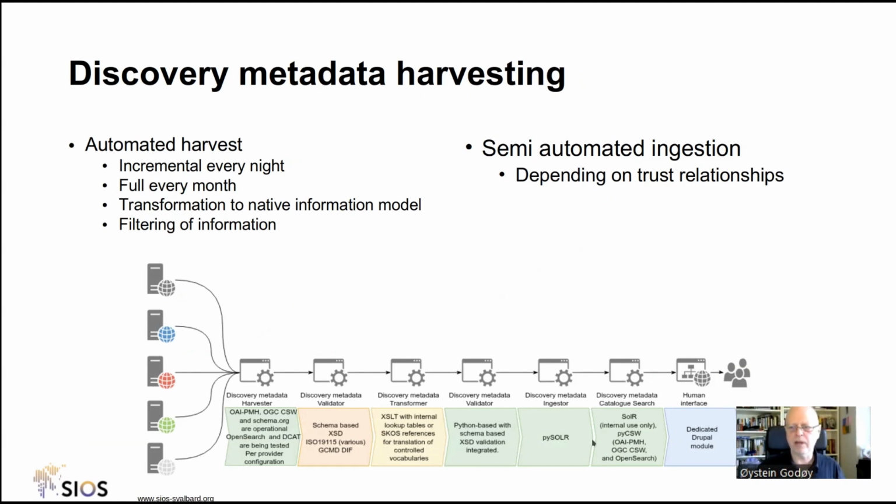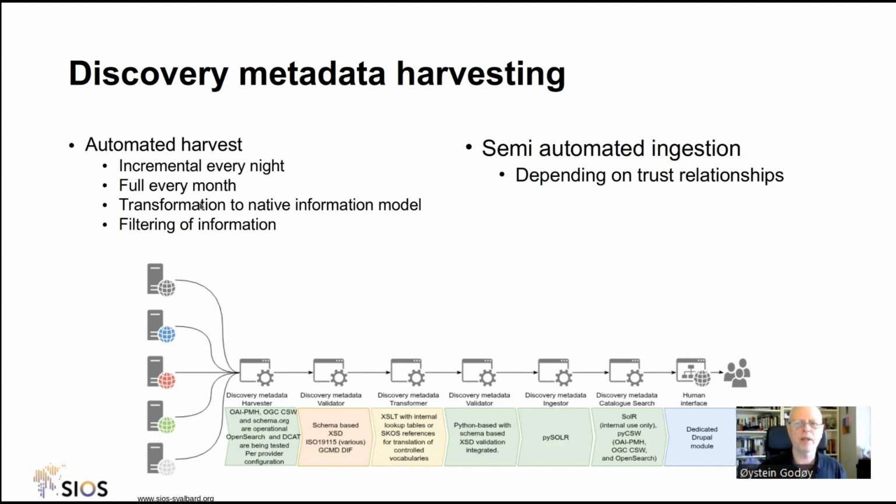But we do have an information flow here where we do translations, etc. The important thing is that we do an incremental harvesting of information from all repositories every night. Then we wipe everything every month, the first of every month, and then we do a full ingestion. And the reason for this is to avoid having stale data sets in the system.